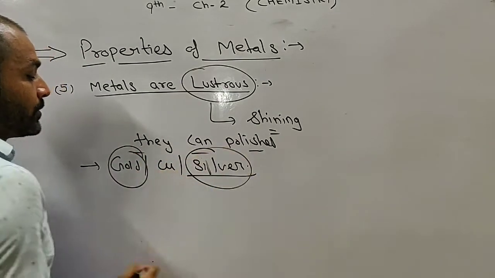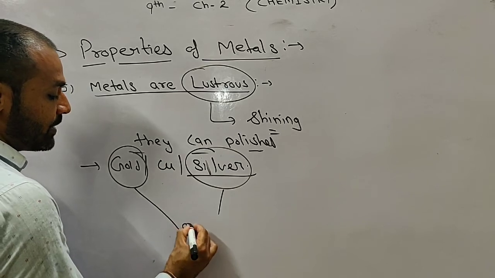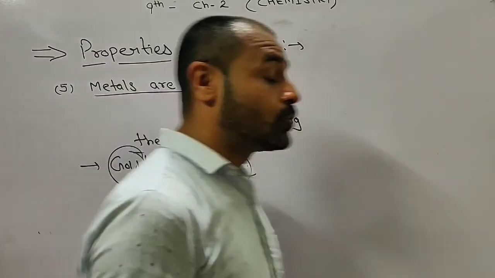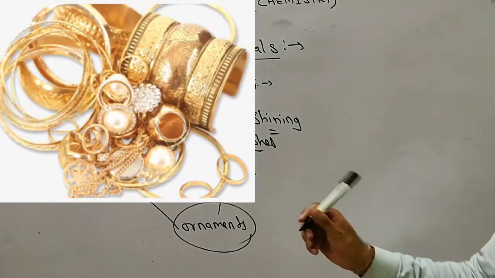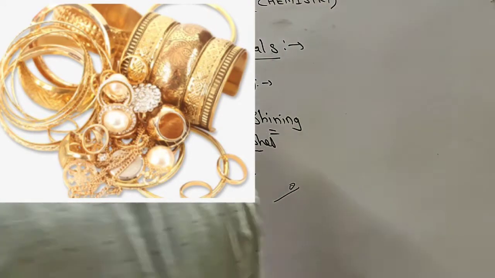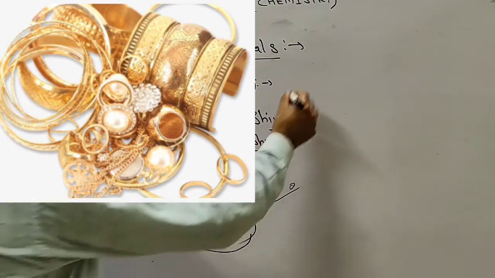For these properties, gold and silver are also used in making ornaments, like ज्वेलरी में यूज होती हैं ये इसकी यही प्रॉपर्टीज जो हम यूज करते हैं. देखते हैं कि जितने ऑर्नामेंट्स हैं, गहने हैं, उनके लिए हम गोल्ड एंड सिल्वर का ज़्यादातर इस्तेमाल करते हैं बिकॉज दे आर लस्ट्रस.